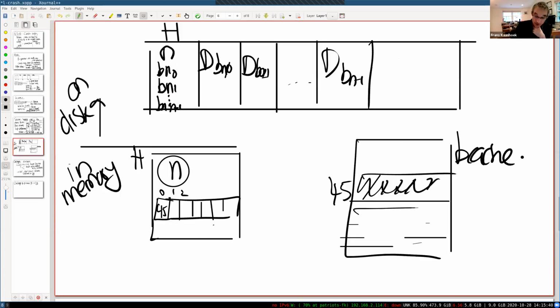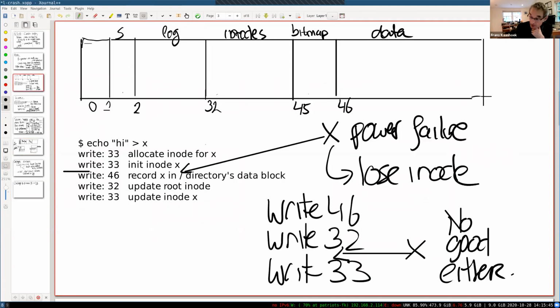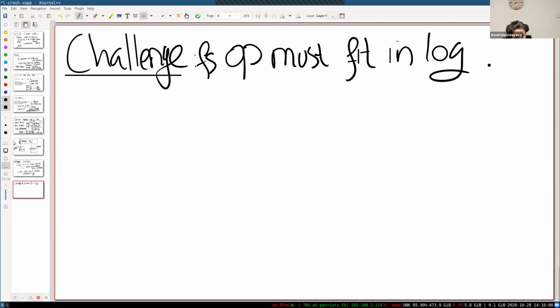If we go back to our picture here, or actually maybe this is the better picture. How big is the log in xv6? Yeah, 30 blocks, 32 minus 2. So the max log size is 30.